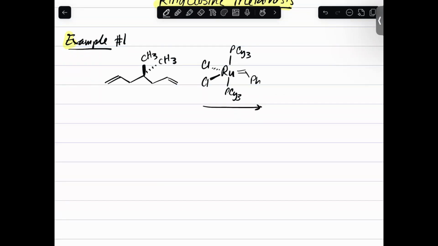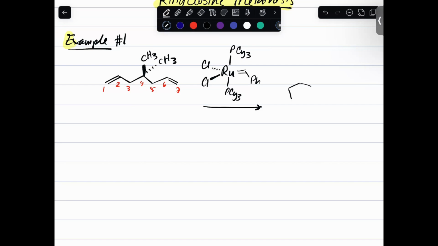And I'll also number my substituents and my carbons so that you can see what's happening and what we're forming.